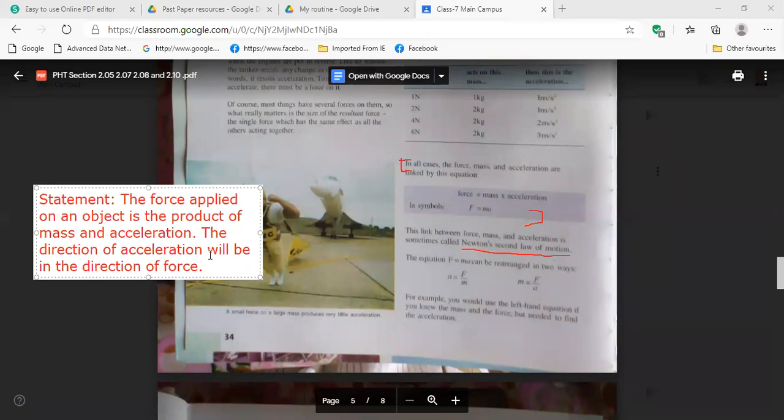The book was stationary, now it has some speed, so it is accelerating. So where is the direction of acceleration? In the direction of the force you applied, isn't it? Now you understand? Yes, sir.